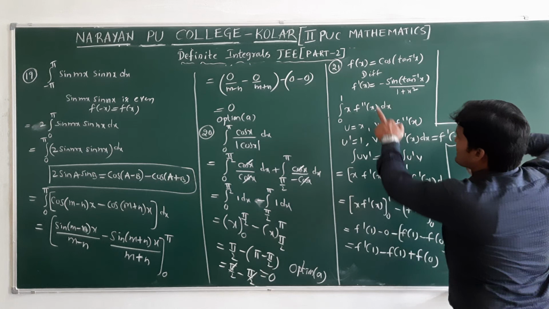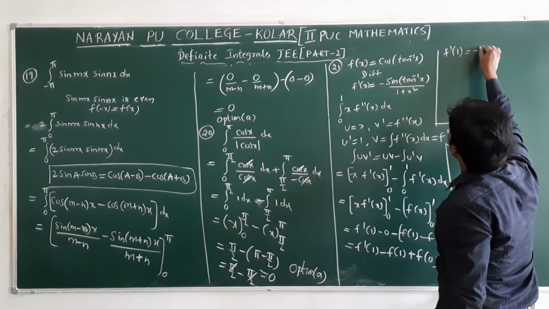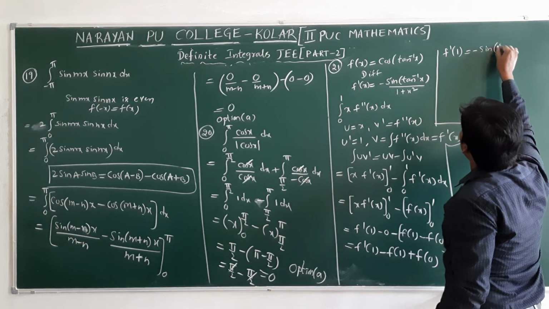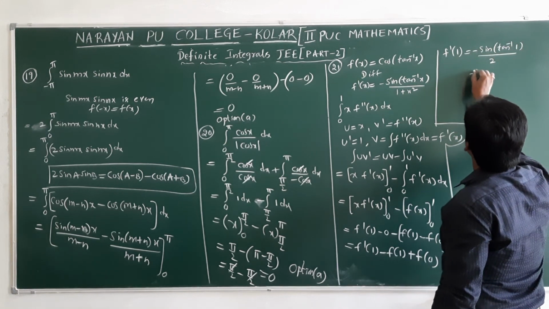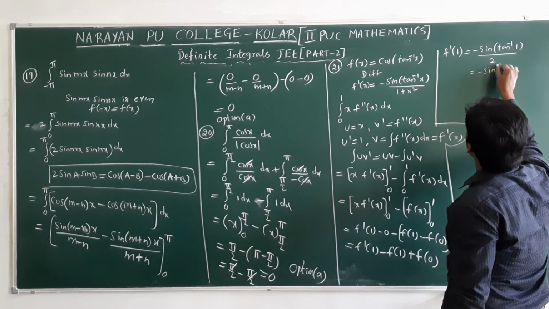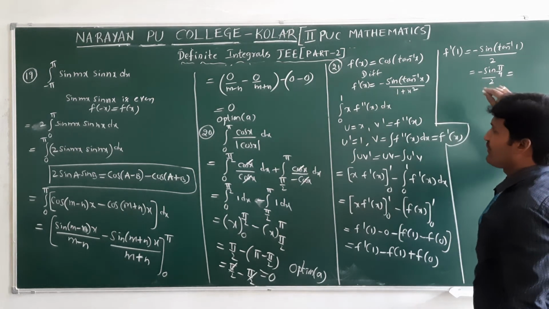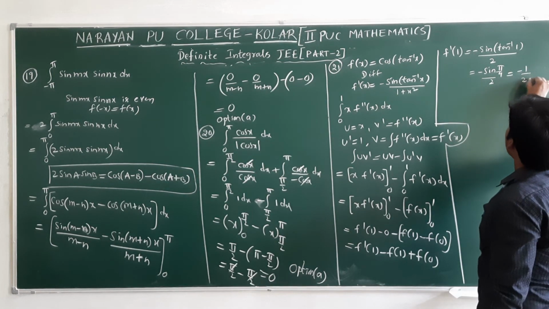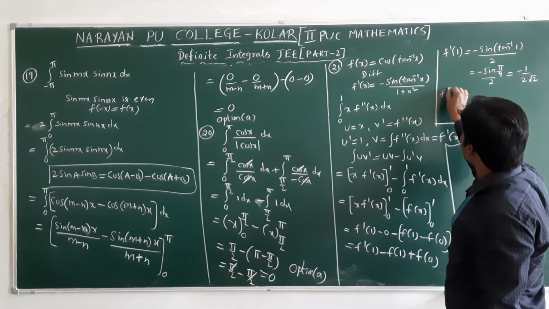F dash of 1 means in f dash of x substitute 1. F dash of 1 is minus sine of tan inverse 1, into 1 by 1 plus 1, that is 2. Minus sine of, this is how much? Pi by 4, by 2. Sine 45 is 1 by root 2, so the total is minus 1 by 2 root 2. Next we need f of 1.